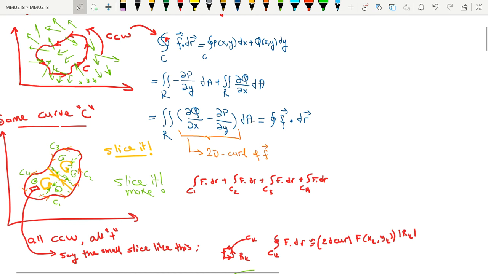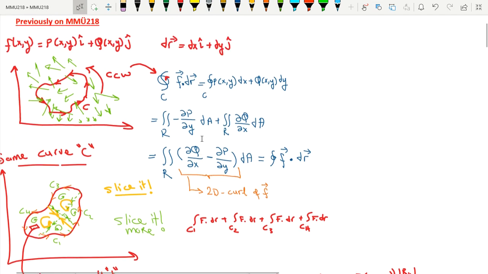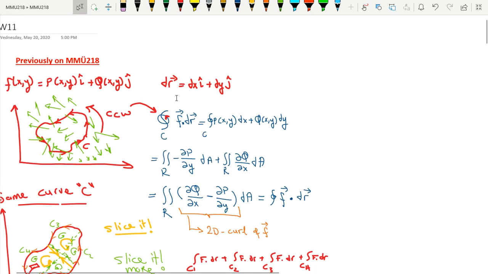So that's important and gives me a handy tool to convert from a line integral to just a double integral, which could be easier sometimes. And even more, we have a better understanding of what's going on and how the operator curl relates to the other integrals and so on.